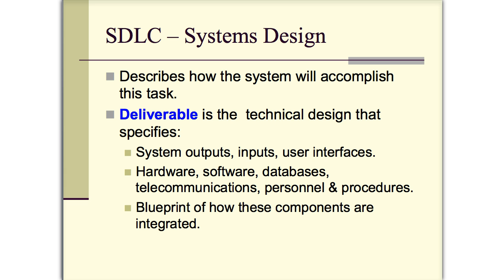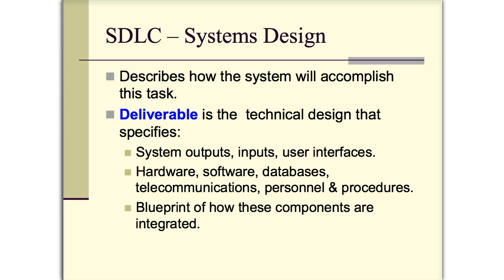With systems design, you're looking at how the system is going to do what you want it to do. So the deliverable from your systems design is your technical design, where you're looking at the system outputs, inputs, and user interfaces. What hardware, software, databases, telecommunications, media, personnel, and procedures are you going to need for this system? And sort of a blueprint of how these components are integrated.